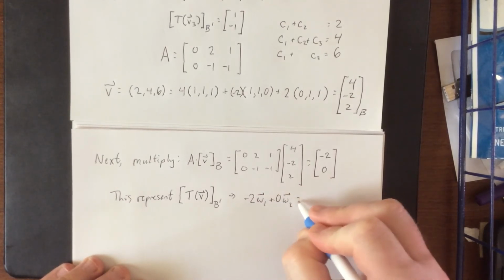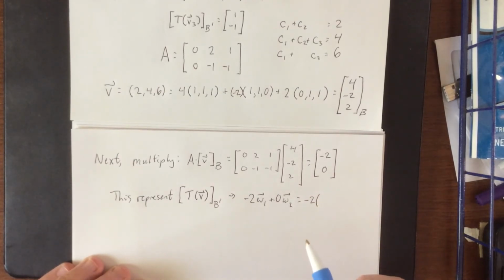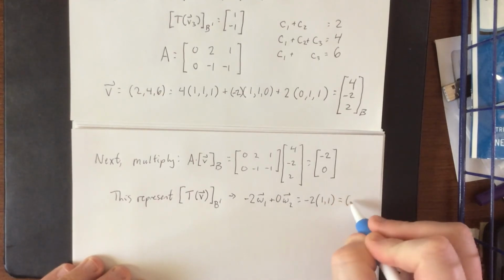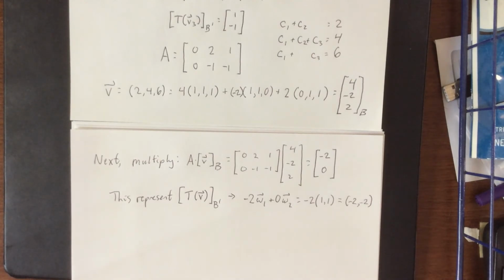Those are the basis vectors from B prime. So the first basis vector from B prime was the vector 1, 1, and 0 times anything is just going to give us 0, so this will wind up being negative 2, negative 2. That would be the image of our given vector relative to these non-standard bases.